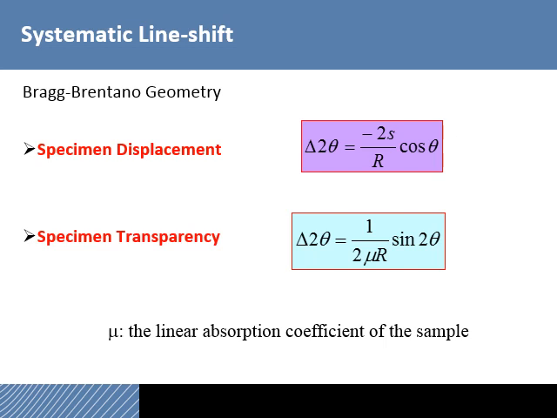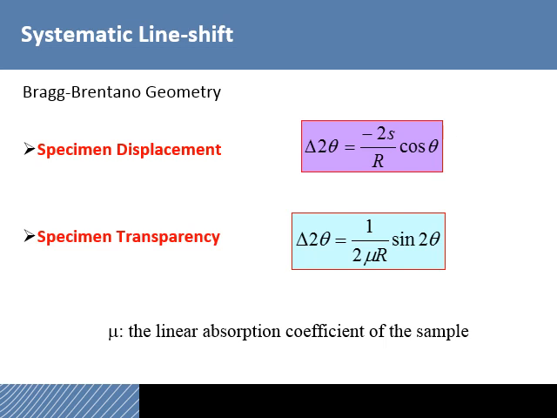R is the goniometer radius of the diffractometer times cosine of theta. What that basically means is if your sample sits a little bit above the plane of the diffractometer, it's going to shift your pattern to the right a little bit. If it sits beneath that, it's going to shift the pattern a little bit to the left. This obviously can be geometrically derived to get the equation that you see on the right. And because it's a systematic line shift, the Rietveld refinement is actually able to hopefully identify that line shift.